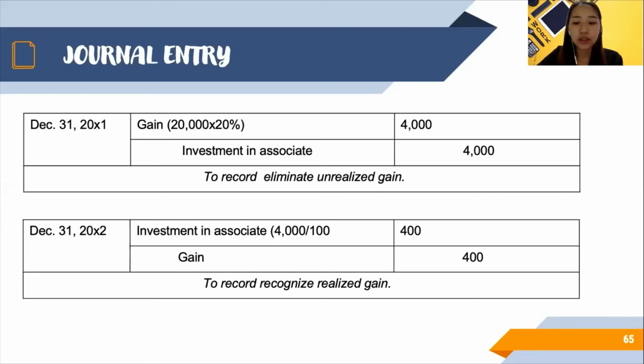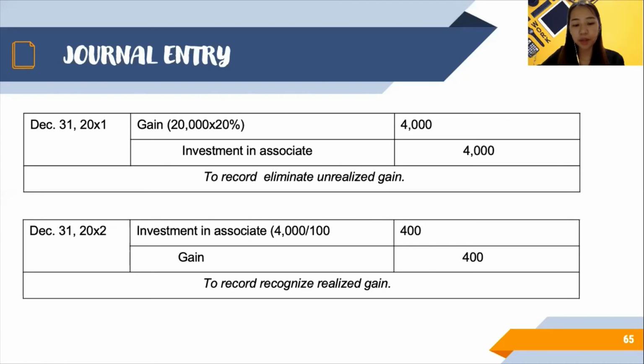So the entry to record the recognized gain on December 31, 20X2: debit investment in associate 400, credit gain of 400. The 400 is computed as the 4,000 of unrealized gain on the intercompany transaction divided by the useful life of the equipment of 10 years.